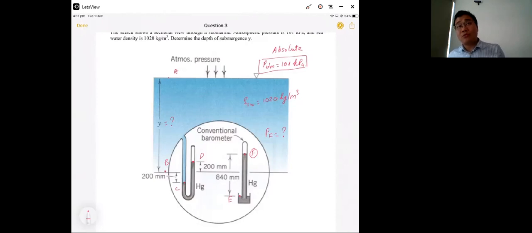But this one is closed. The barometer is closed on top. So how about PF in this case?